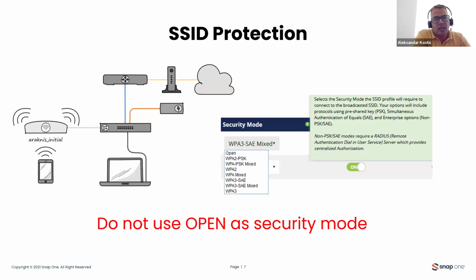In that case, when the access point receives a request to authenticate a wireless user, it always communicates with a server, typically a Radius server, to check the database of usernames and passwords, verify it, and allow access to the end user. It is most commonly used in commercial environments, and typically what we use on Araknis is so-called pre-shared key, where all users use the same password to connect to the wireless network.